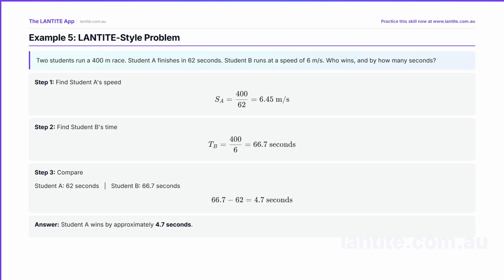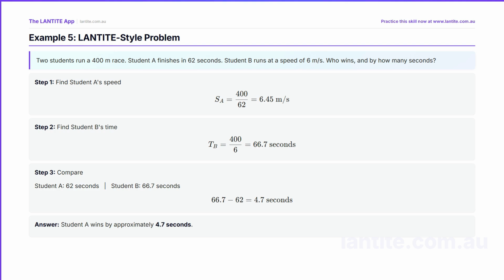Here is a LANTITE-style comparison problem. 2 students run 400 meters. Student A finishes in 62 seconds. Student B runs at 6 meters per second. Who wins? First, find student A's speed. 400 divided by 62 equals 6.45 meters per second. Student A is faster.